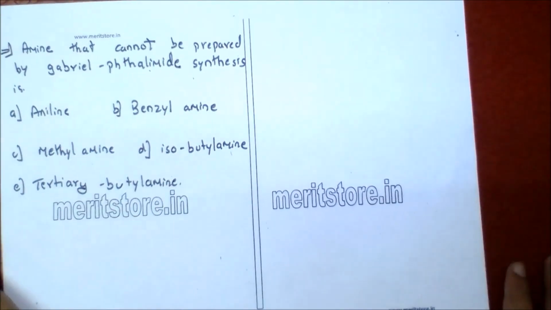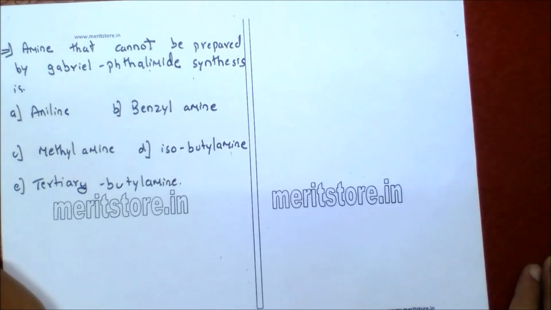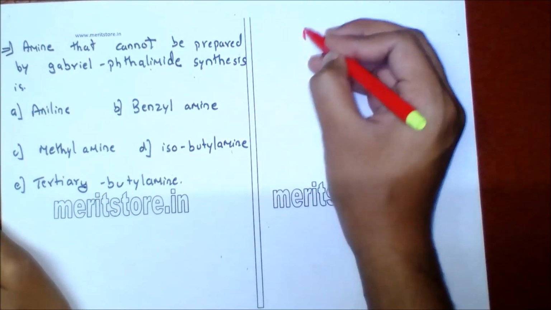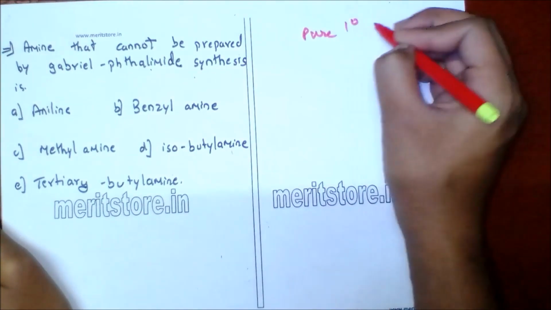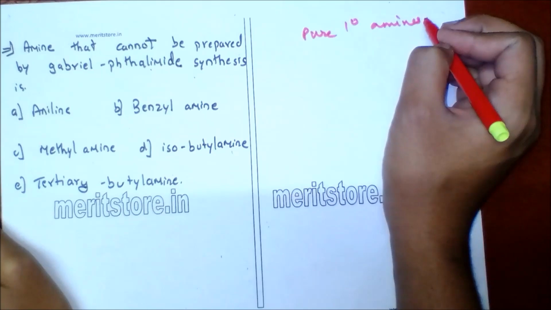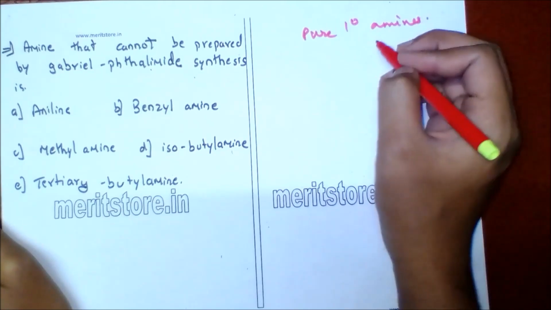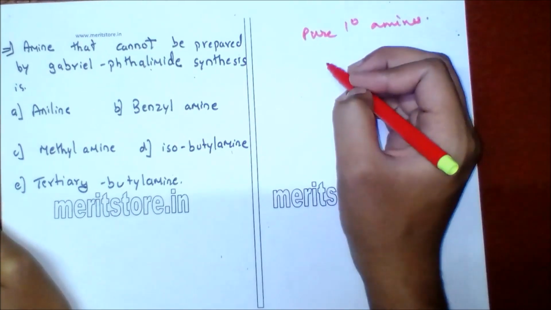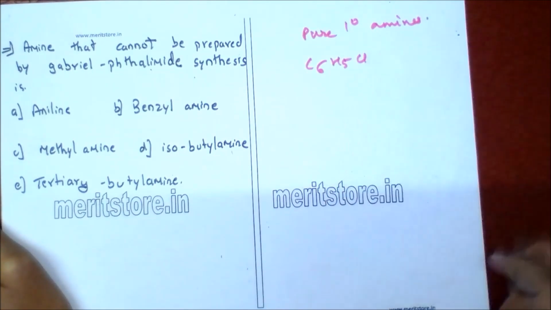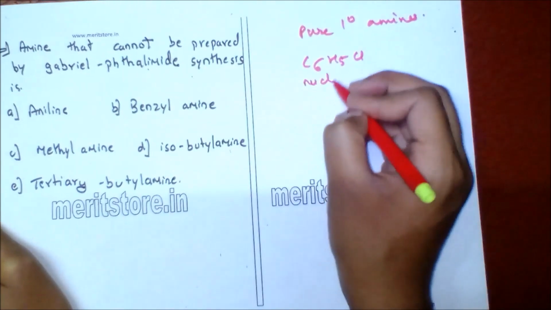Amine that cannot be prepared by Gabriel phthalimide synthesis is: A. aniline, B. benzylamine, C. methylamine, D. isobutylamine, E. tertiary butylamine. Only pure primary amines can be prepared by Gabriel phthalimide synthesis. Aniline cannot be prepared by this method because aryl halides, that is C6H5Cl or Br, do not undergo nucleophilic substitution reaction.